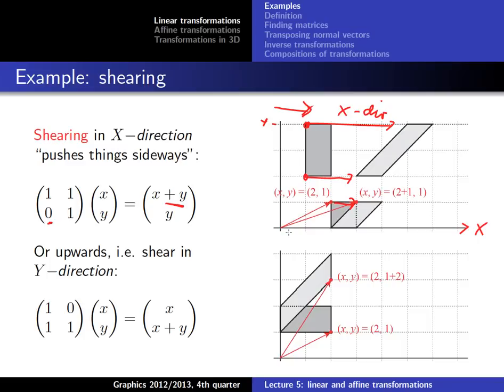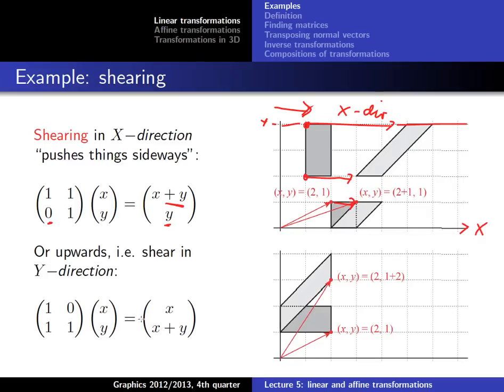Depending on how high you are, the further you push away. But the important thing is, of course, the y value here doesn't change. So what we're doing here, we're pushing everything to the side in one level. So everything that is on this level here, on this line, stays on this line. It just moves in x direction because this is the direction in which we are shearing, which is illustrated here by adding this value here to the x coordinate.